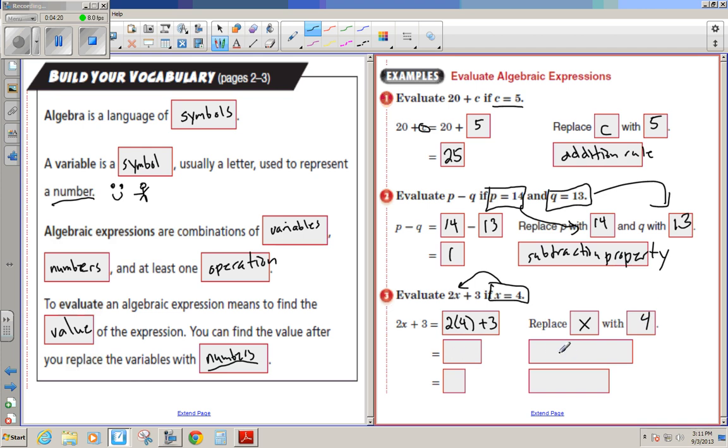Now we're using order of operations. That's 8 plus 3. Do the multiplying first. And then we do addition. And you get an 11 as your answer.